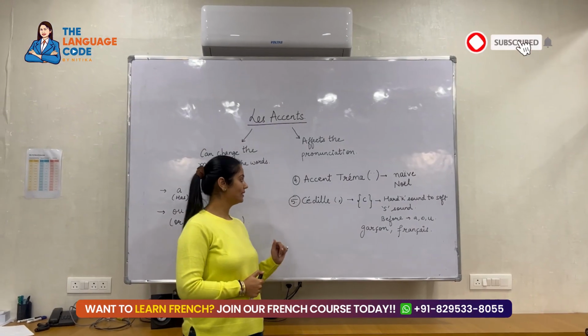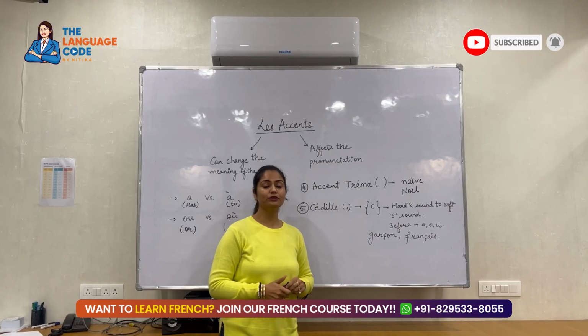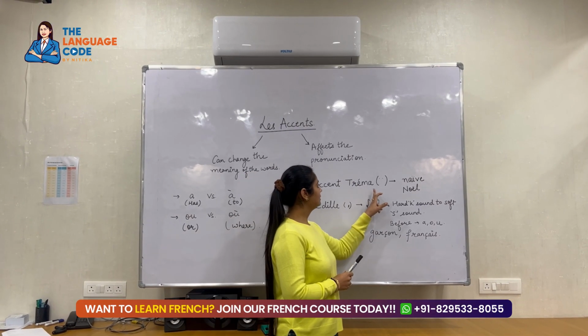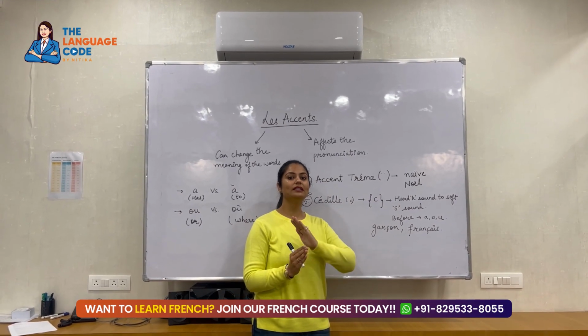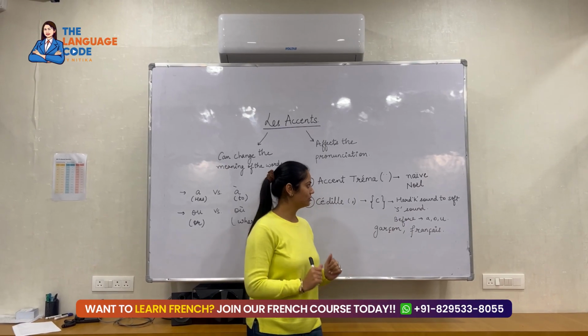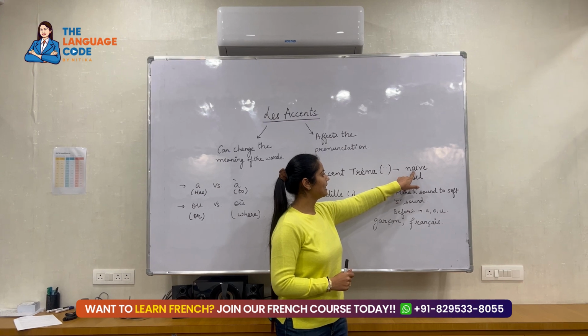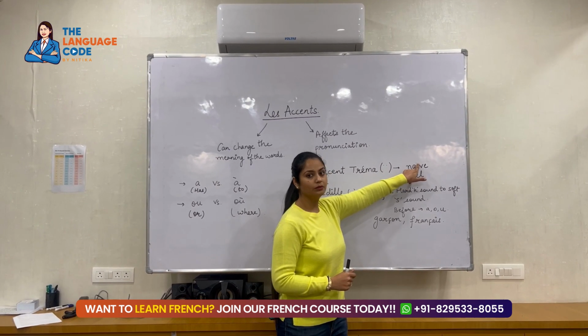The 4th one is accent tréma. In the tréma, you have to put 2 dots over the vowel, right? Here it represents that the sound of the vowel has to come out separately. For example, naïve. Here, can you see that there are 2 dots over the E?